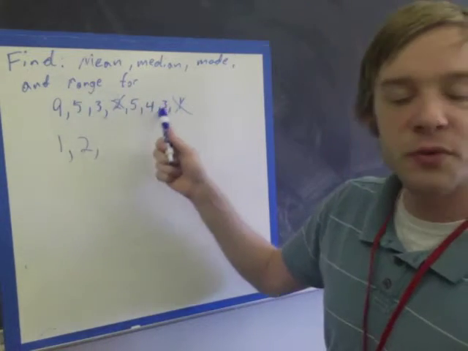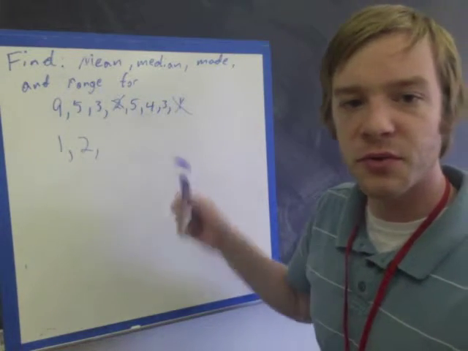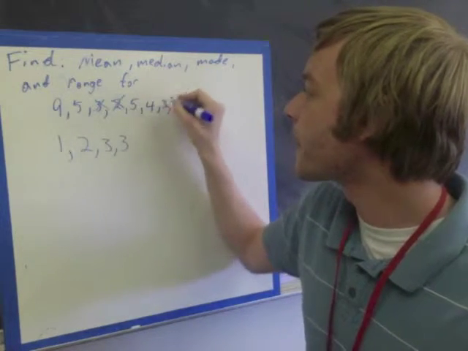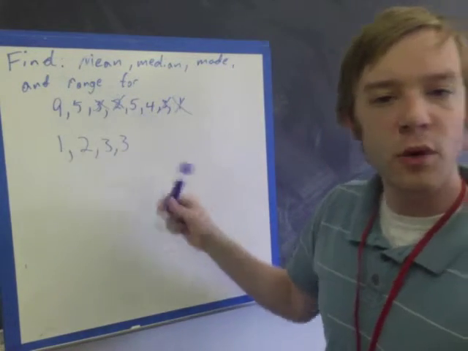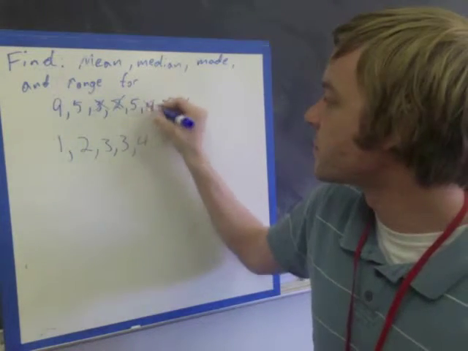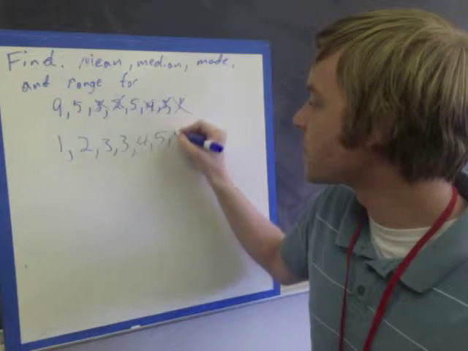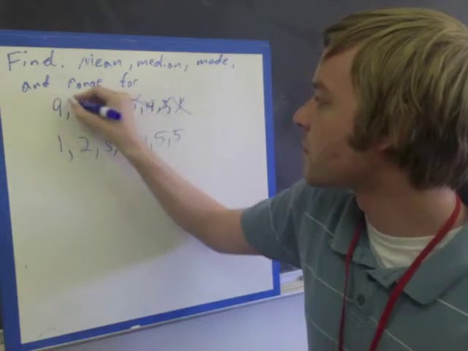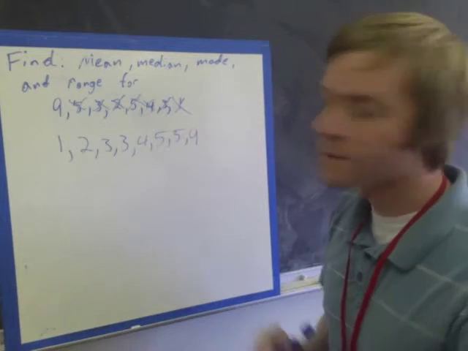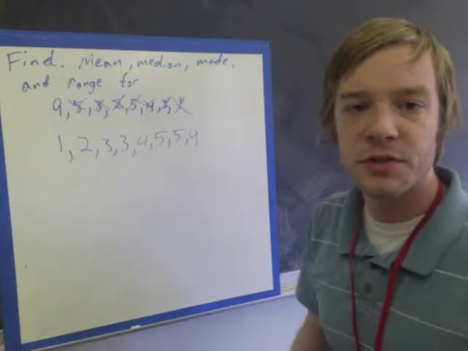I've got 2 3s, so I'm going to write 2 3s down here. 1 4, 2 5s, and lastly 1 9. So now I can begin my calculations.